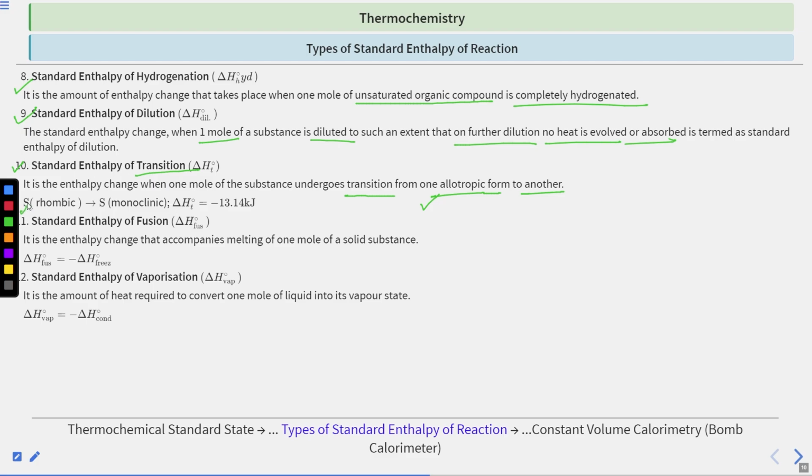You can see here that sulfur in the rhombic state going to sulfur in the monoclinic state, the standard enthalpy of transition for this process is minus 13.14 kilojoule.